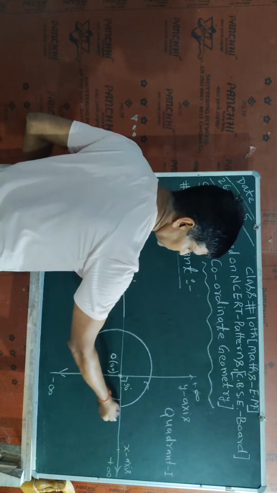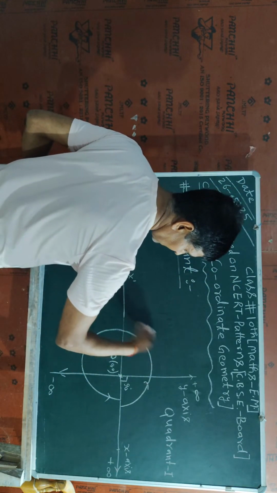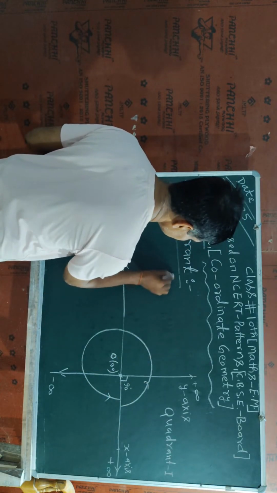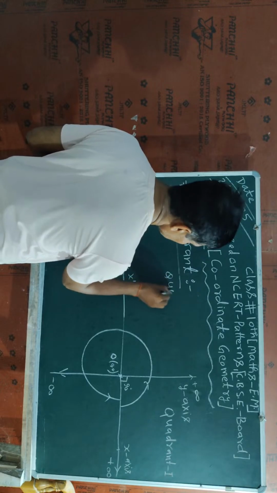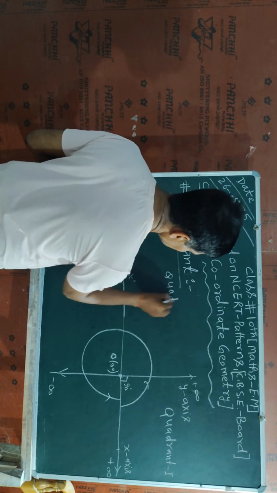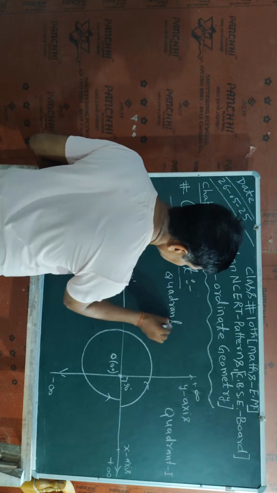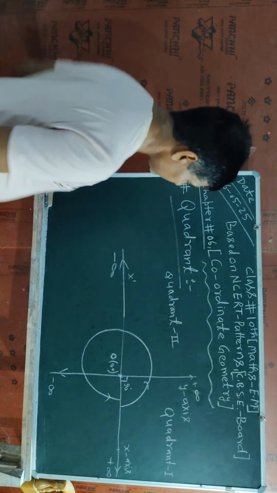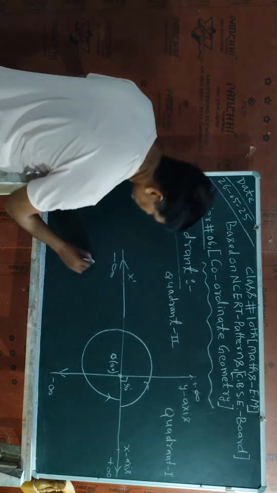Now I will start from the positive x-axis and move in the direction, and then I will say this is the second quadrant, and here I will say this is the third quadrant.